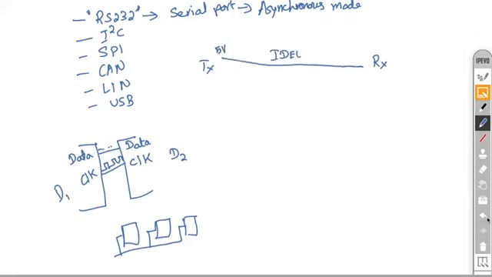Whenever it wants to start communication, it will pull this transmit signal to low and keep it low for a certain time, and after that it will start communicating the data. Again it will pull it up to logic 1, the idle state, until the next transmission begins.